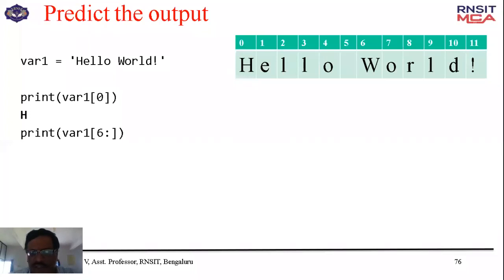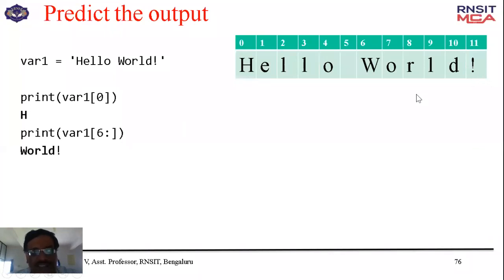So is it only world or world exclamation? Sorry, it is not semicolon, it is world exclamation mark. That is the beauty. If you don't give the ending, automatically it will take the entire string till the end.